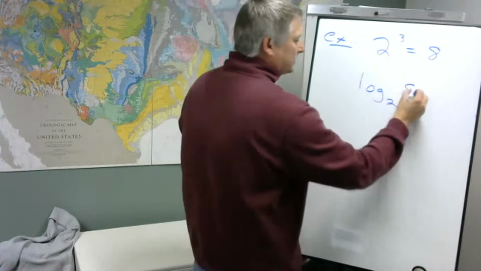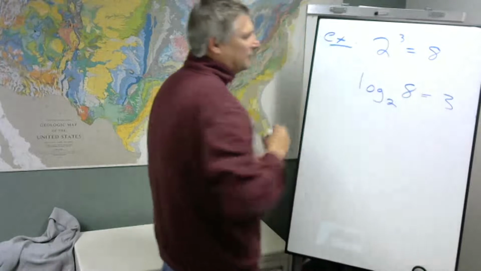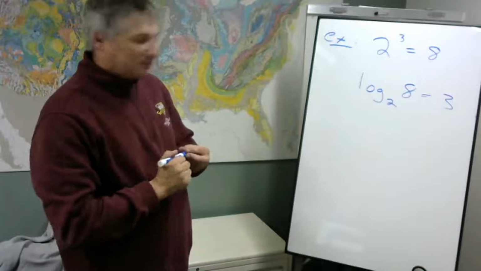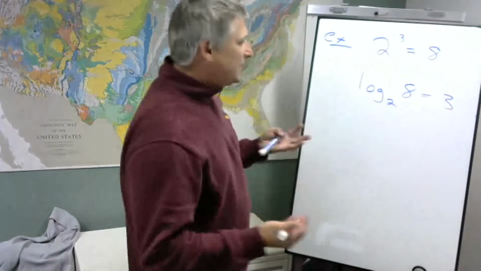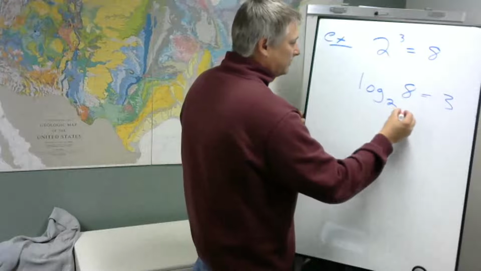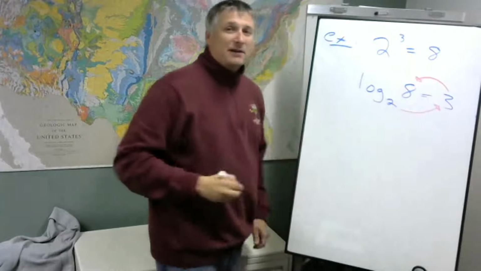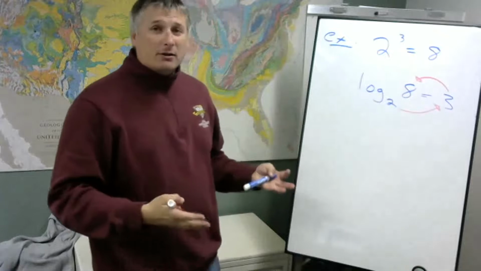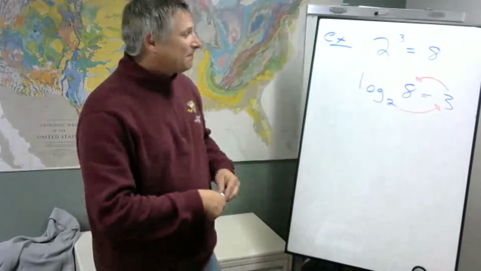The log will always take the result, and it will give us the exponent. Now, another way you could look at this, you can see the exponent expression in the log. 2 with an exponent of 3 will give you 8. Sort of a counterclockwise rotation. 2 to the 3 equals 8.